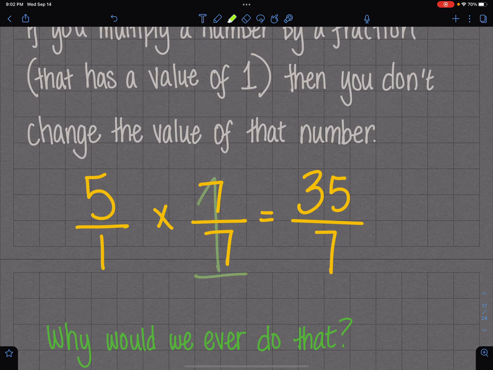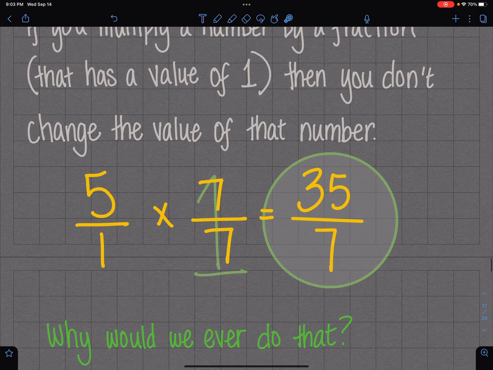So it doesn't even matter. You don't change the value of 5 over 1. So you get 35 over 7, but that's the same as 5. It's the same as what you started with. So it's kind of like saying if you multiply by 1, you end up with the same value of whatever you start out with. Easy peasy.